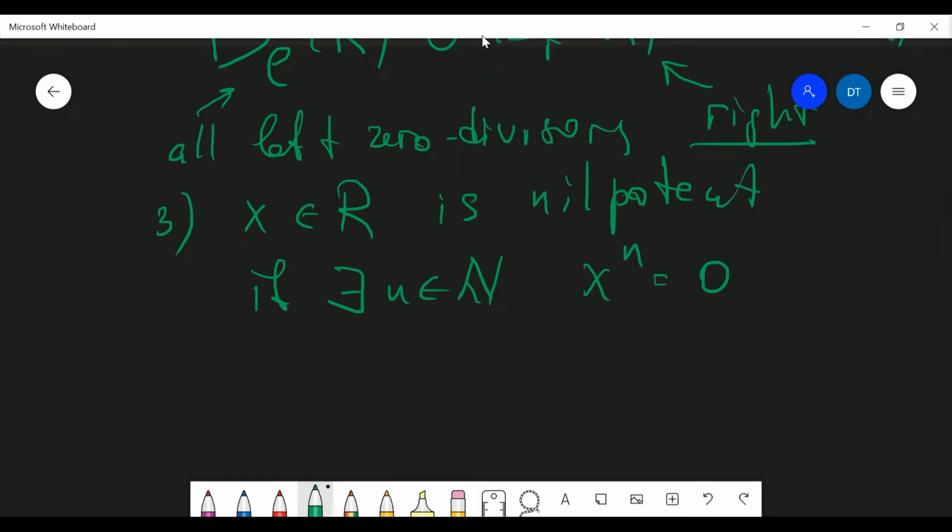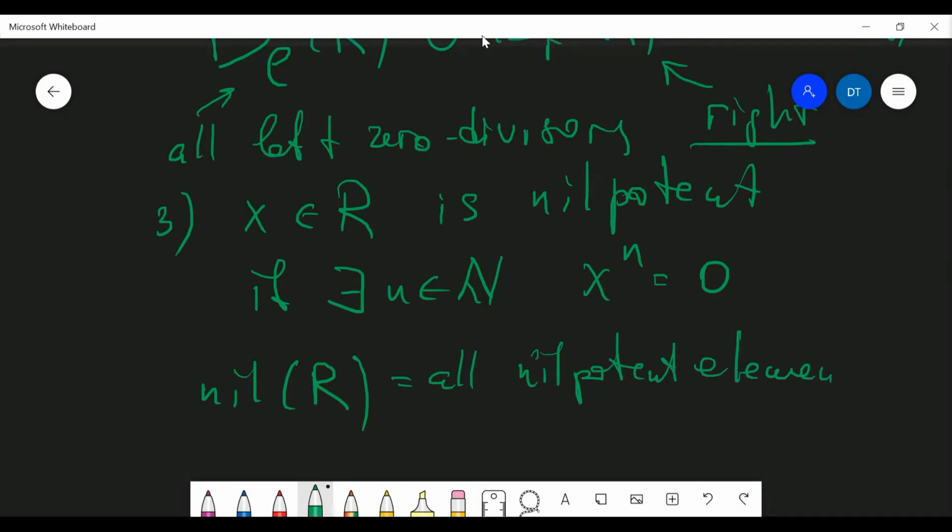You will probably know examples from the ring of matrices. There are matrices which are not 0, but if you raise them to a power, you will get 0. And the set of all nilpotent elements will be denoted by Nil(R).